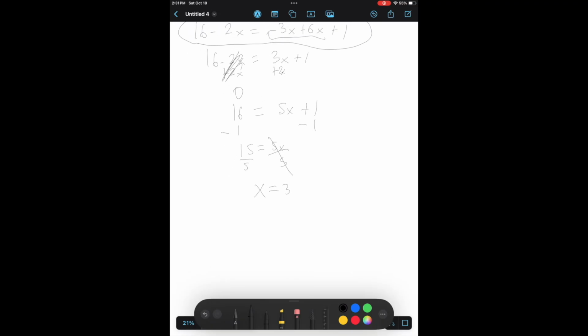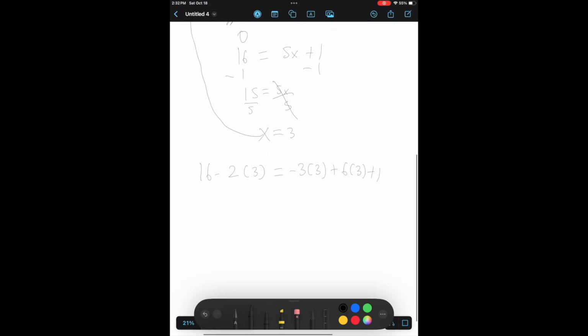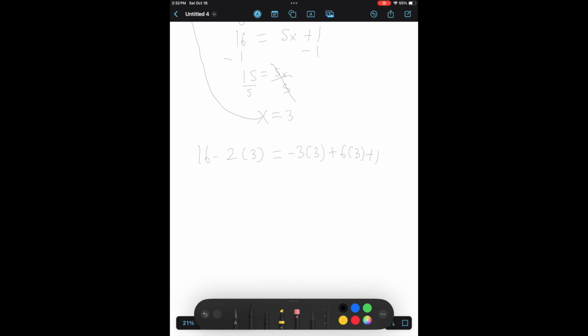And when I say check, I mean plugging x back into the original expression. So let's try that. 16 minus 2 times 3 is equal to negative 3 times 3 plus 6 times 3 plus 1. Of course, 2 times 3 is 6, so 16 minus 6 is equal to negative 9 plus 18 plus 1.